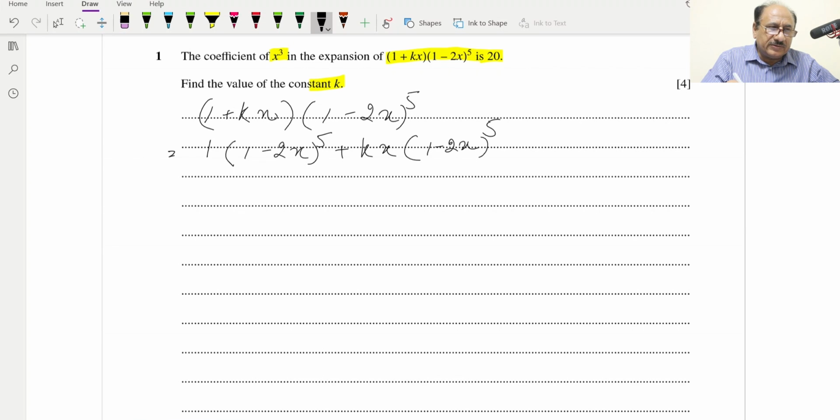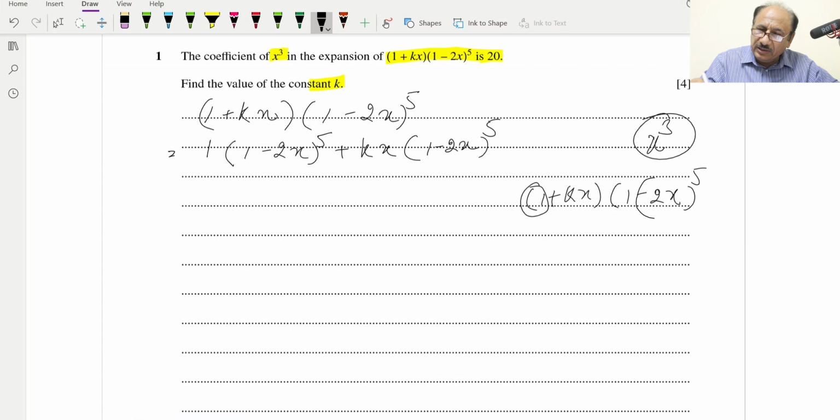So we can write it separately. Then we require the x cube terms, the terms which are containing x cube. For example, in 1 plus kx into 1 minus 2x raised to power 5, when we multiply 1 with this one, we need x cube, so the third term will be required.